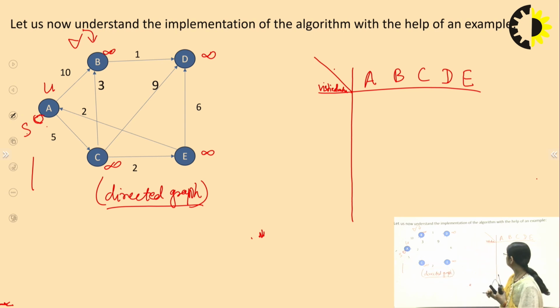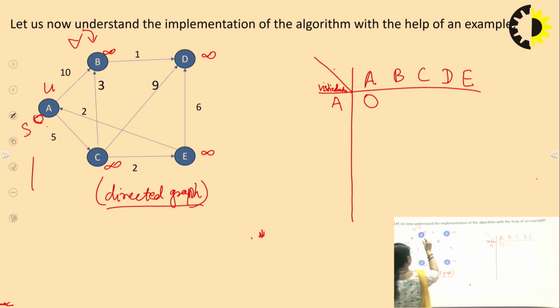Let's start our journey with A. The distance of A is 0, so here I am writing 0, right? Now, looking at the nearby vertices, A is connected to B, and A is connected to C, right?